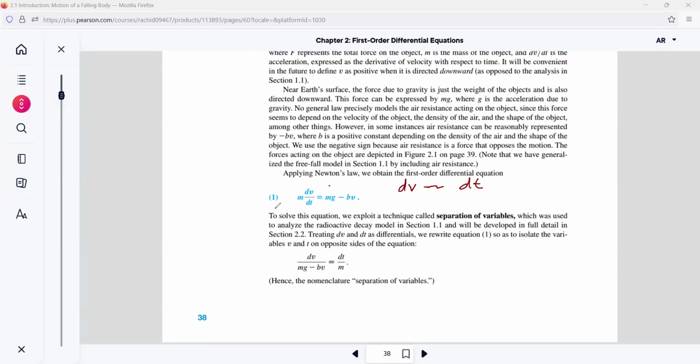So let's say we're going to multiply this by dt over m. Okay, so that's going to give us m dv/dt times dt over m equal to (mg minus bv) times dt over m. All right.